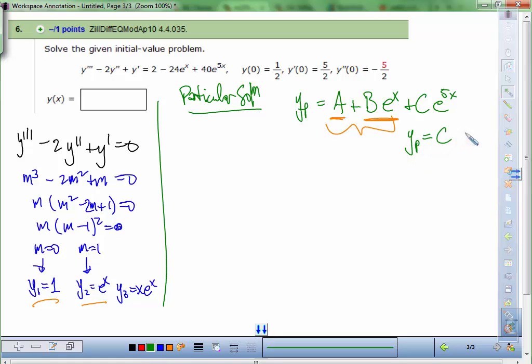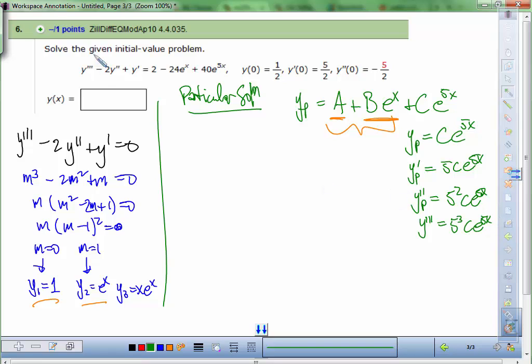So a particular solution then would just be C times e to the 5x. And then we need 3 derivatives. y prime is 5C e to the 5x. y double prime is 5 squared C e to the 5x. y triple prime is 5 cubed C e to the 5x.